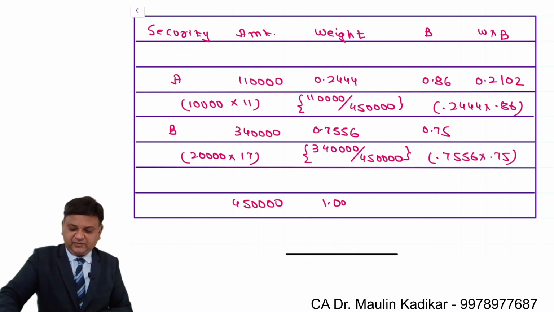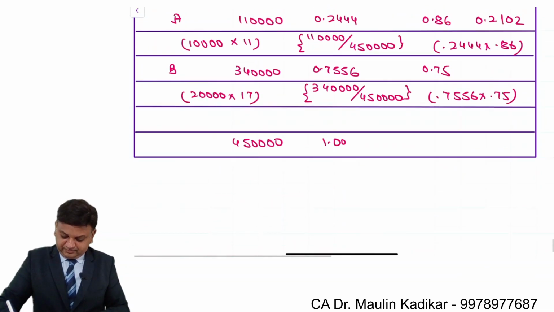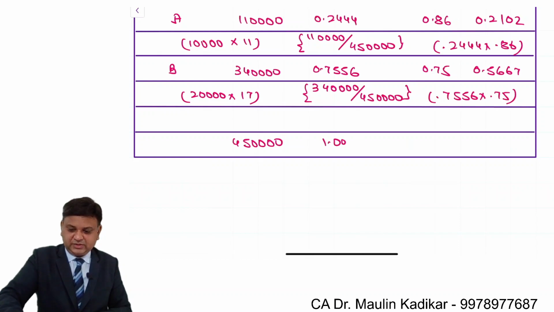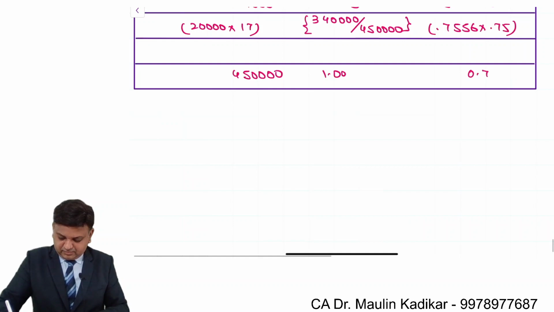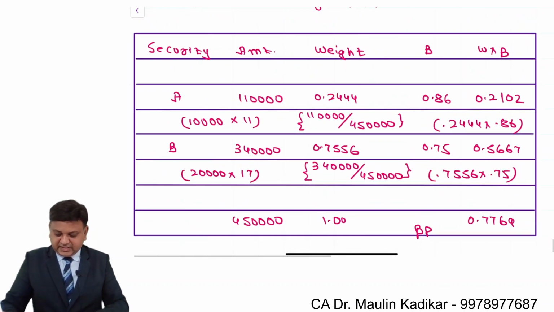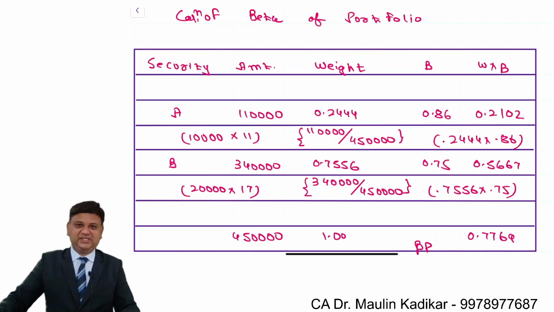And 0.7556 into 0.75 is 0.5667, plus 0.2102. So 0.7769. That is the way the beta of the portfolio is calculated as 0.7769.